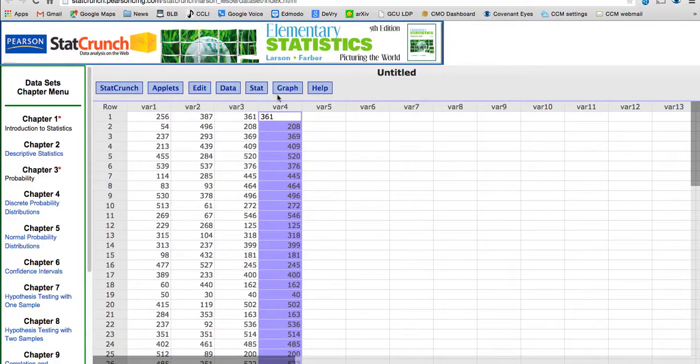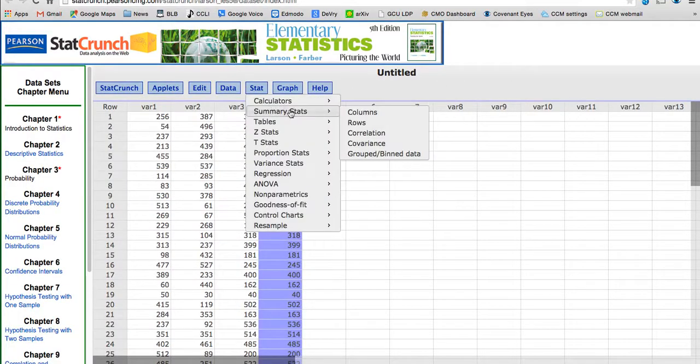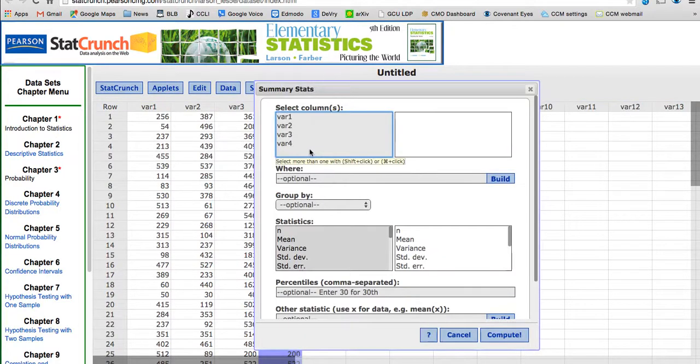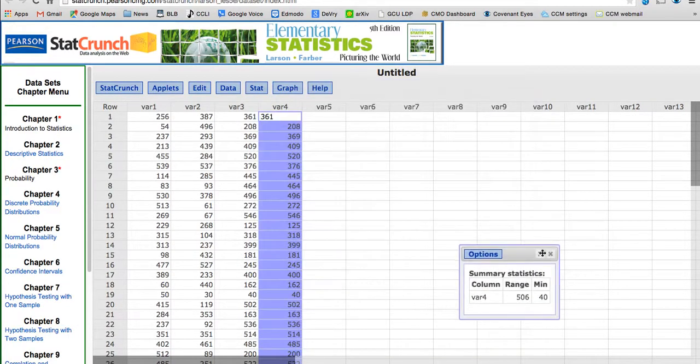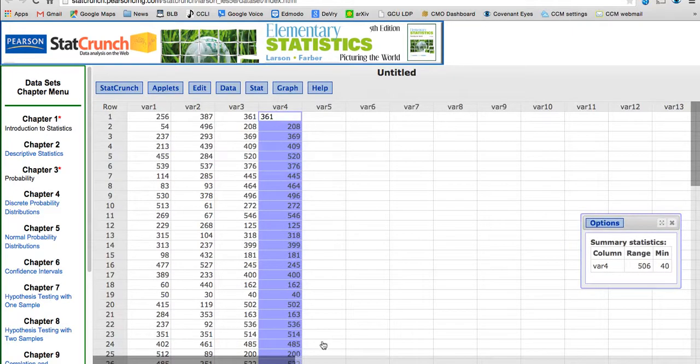So if we come over here, we can do summary stats on this column. I'll make it bar 4. And all we really need is the range and the minimum value. So we compute that. So 506, and it starts at 40.